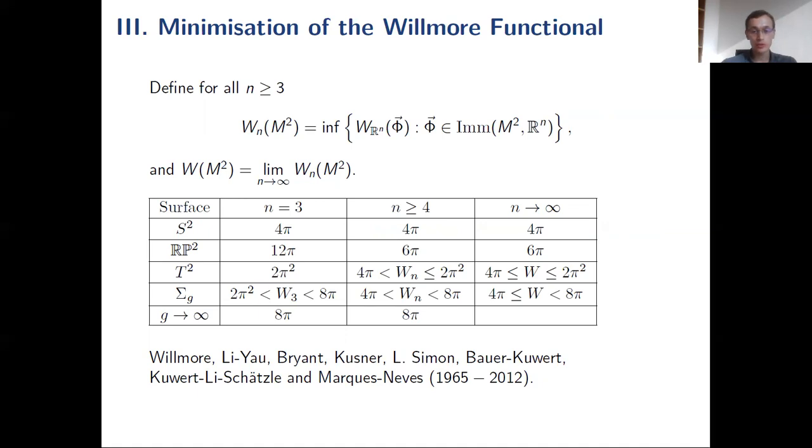So for the higher codimension, we can in fact conjecture that the Marques-Neves result will stay true. It will always be less than or equal to 2 pi squared. And we have some reasons to believe this. For example, there's a work of Kusner and Wang, where they showed that the Morse index of the Clifford torus in S^4 is 6, and it was 5 in the torus, which is one of the basic ingredients.